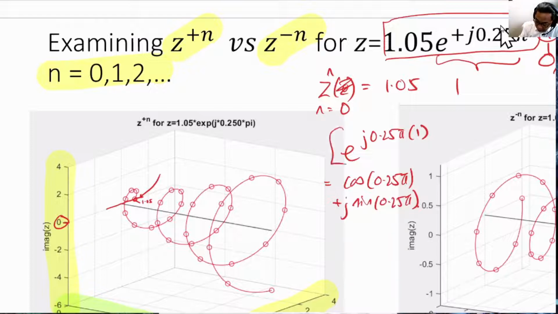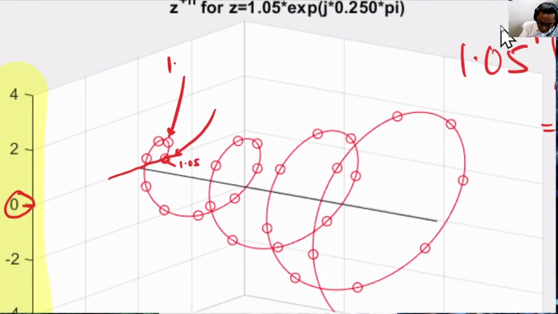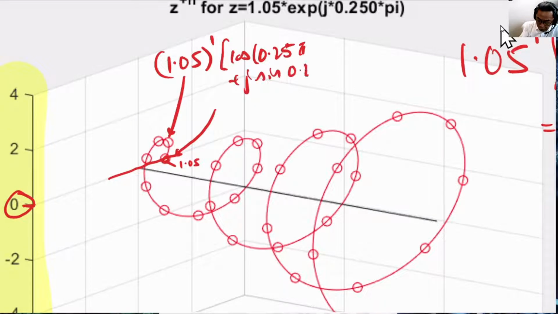This whole expression is multiplied by 1.05 to the power of n equals 1. And this is the second point.